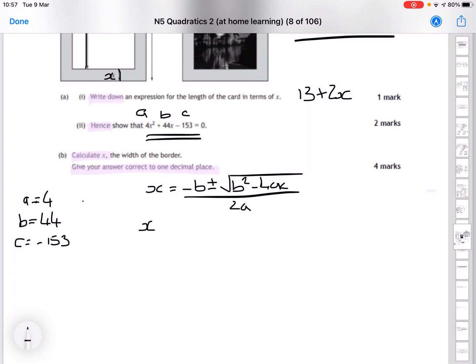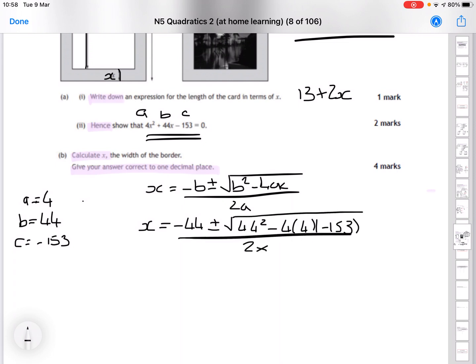write it out. So plugging in our values, we have minus 44 plus or minus the square root of 44 squared minus 4 times 4 times minus 153, all over 2 times 4 for a.